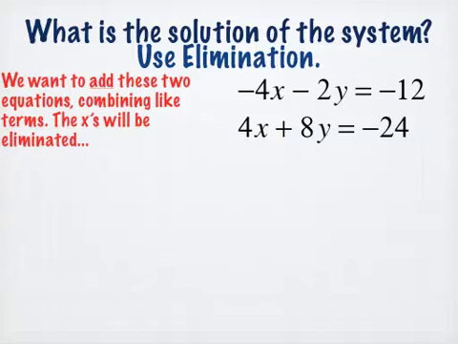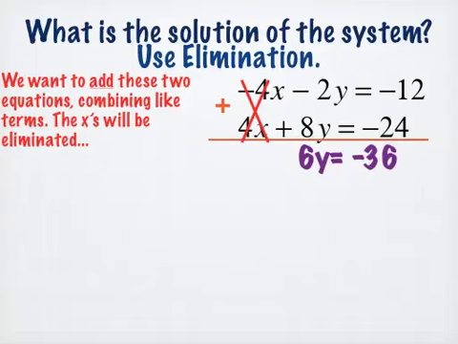Negative 4x plus 4x cancels out to give me 0. Negative 2y plus a positive 8y is 6y equals, and then we have a negative 12 plus a negative 24, which equals a negative 36.